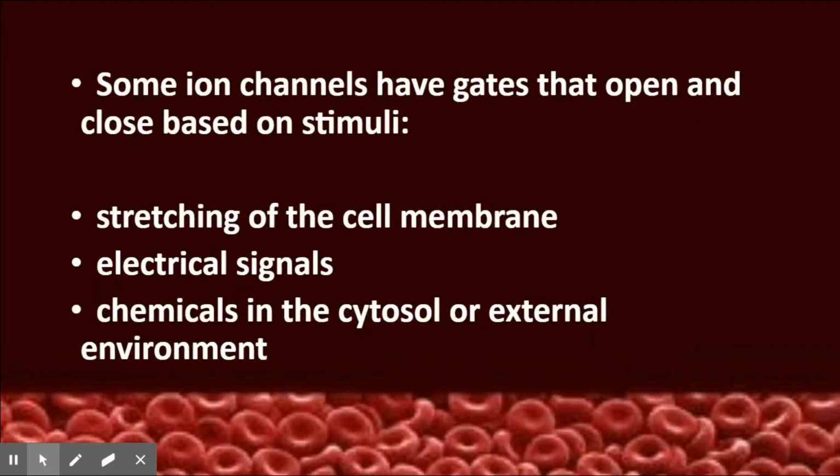So sometimes the ion channels need to open and close, and those are going to be based on stimuli. And so remember, stimuli is something that causes a reaction. So sometimes the stretching of the cell membrane might cause those ion channels to open and close. Sometimes there might be electrical signals that might affect that, or even different chemicals that might be in the cell can cause them to open and close.